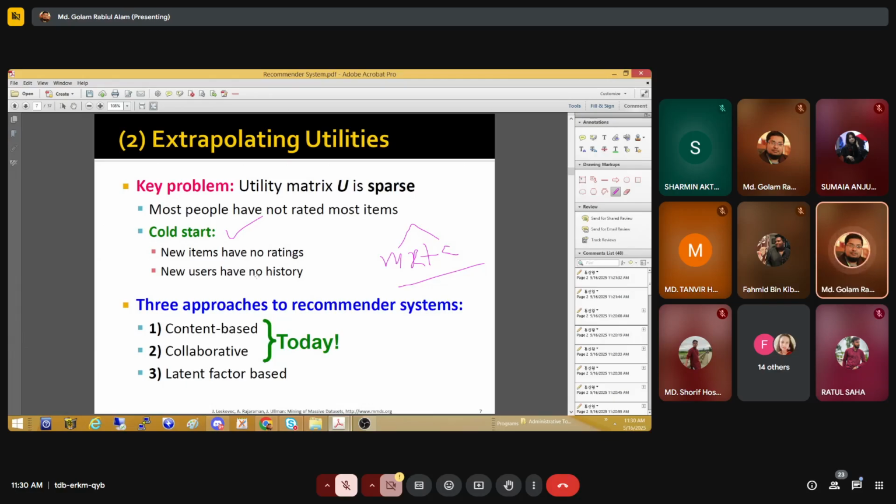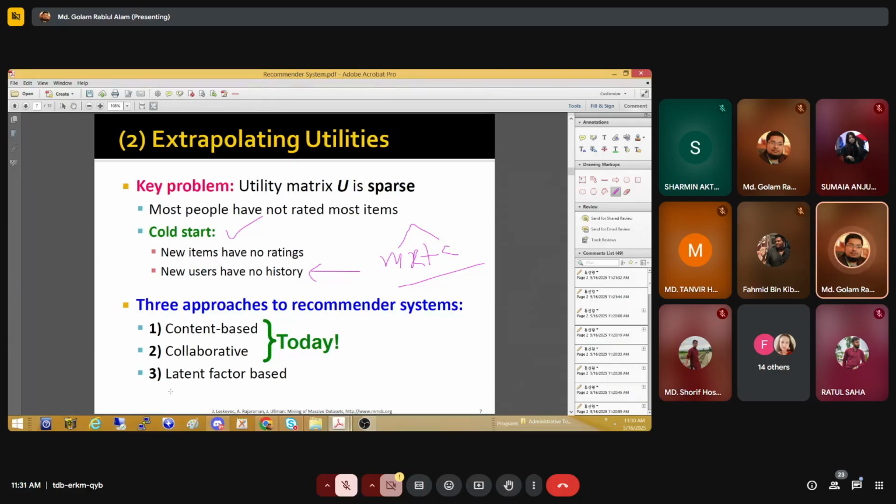That's another big problem, because we don't know the behavior or the liking of that new user. So that's problematic in extrapolating.